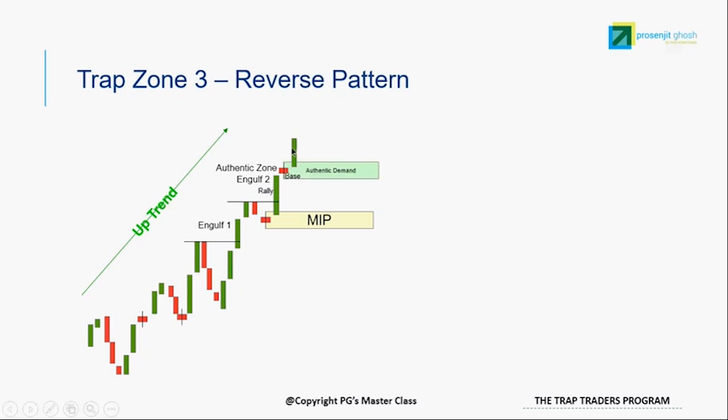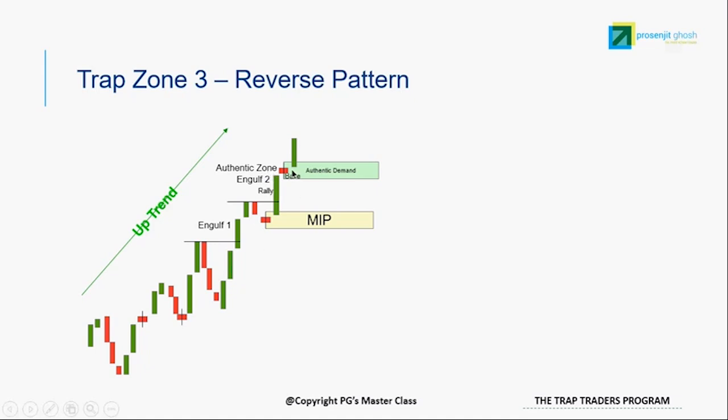So when that happened, rally base rally forms, and we can see the base candle of this rally base rally is not touching the MIP. Okay, it's not touching the base candle of the MIP. So for us, this rally base rally is an authentic zone, authentic demand.